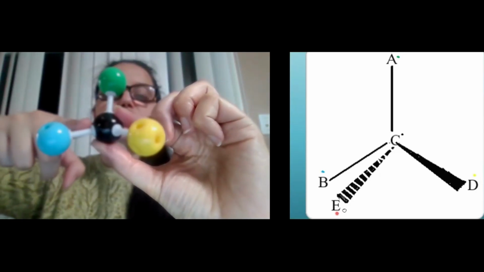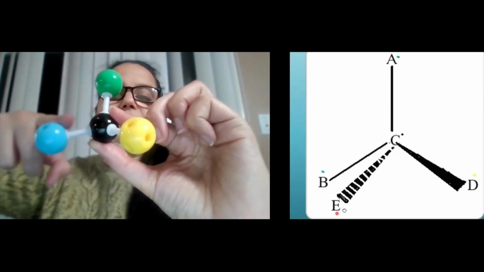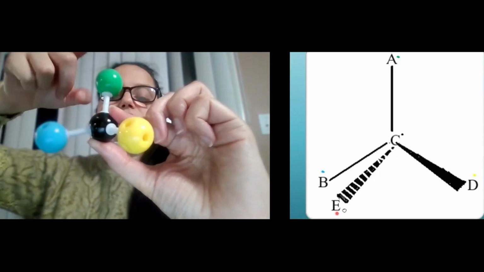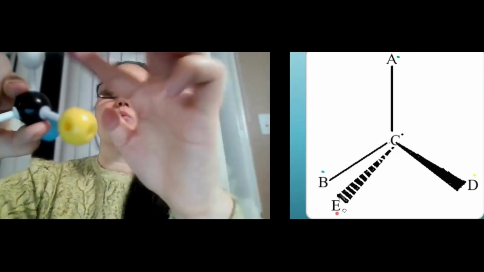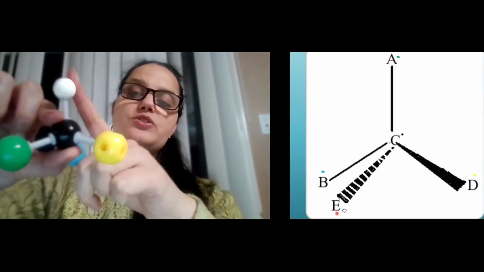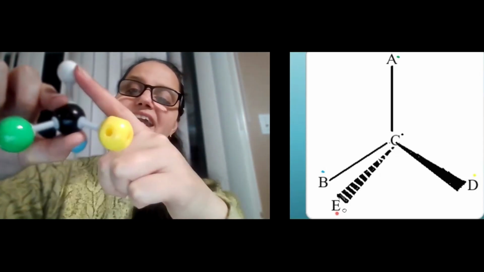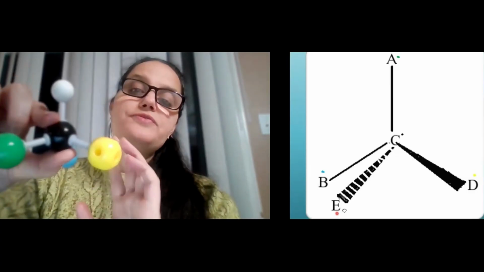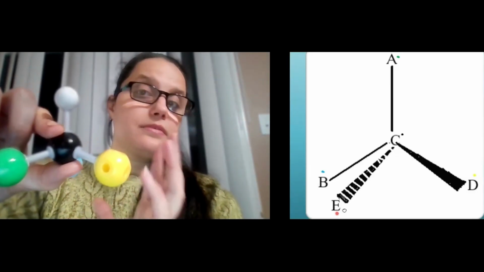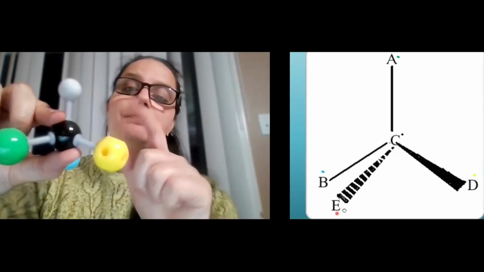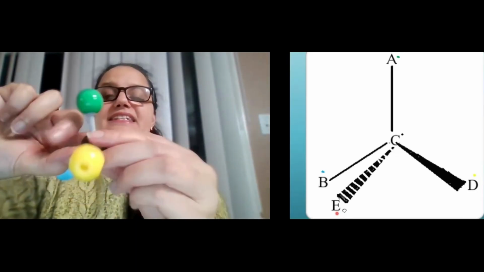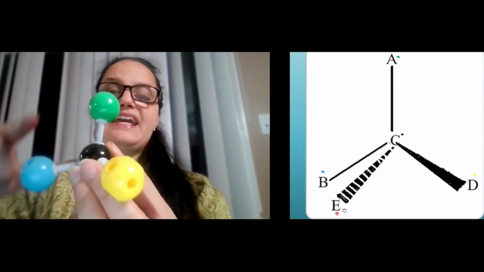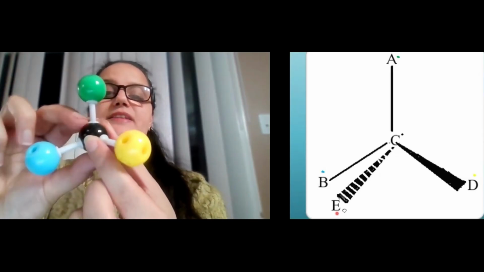So this triplet should be in the same plane. It can be any two of the bonded groups that are in the same plane as the carbon. But here we are taking the example that A, B and this carbon are in the same plane.